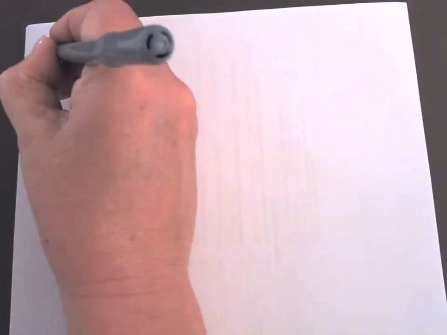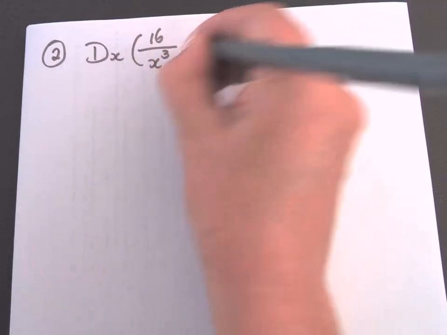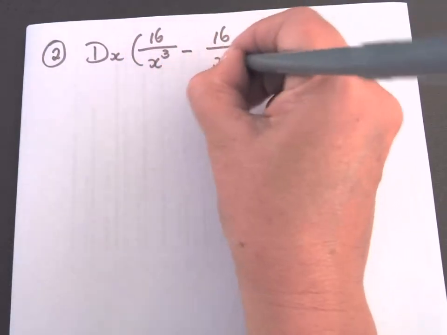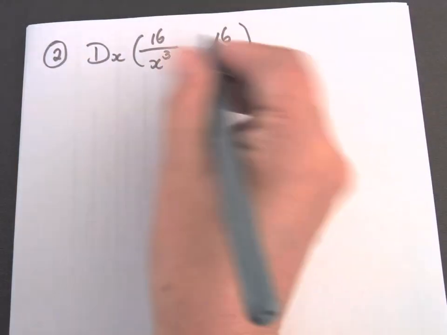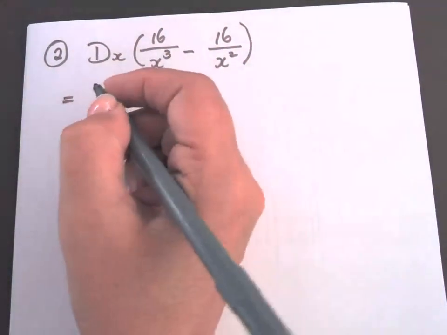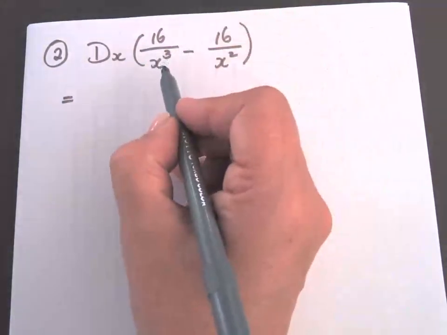There are some more papers. d/dx of 16 over x to the power of 3 minus 16 over x squared. Now we have fractions. You first have to write your expression without fractions, especially when your x is in the denominator.